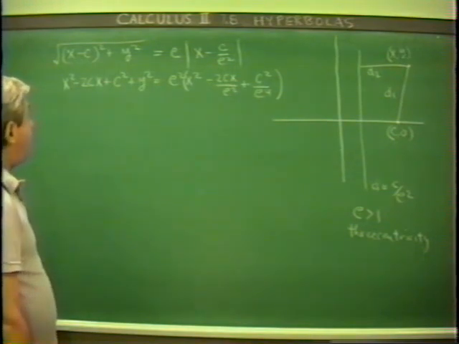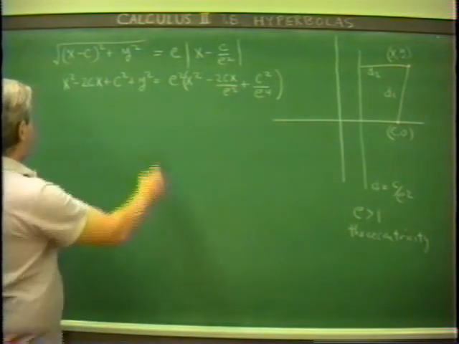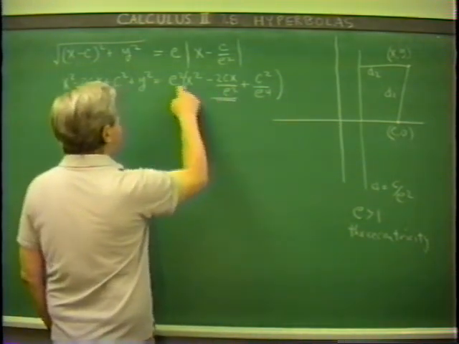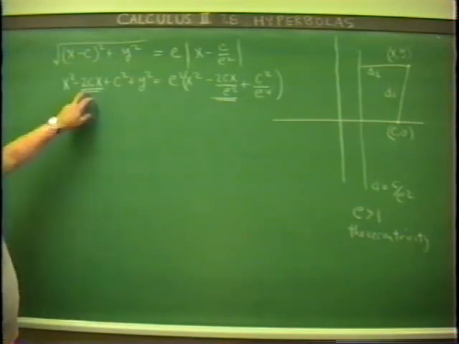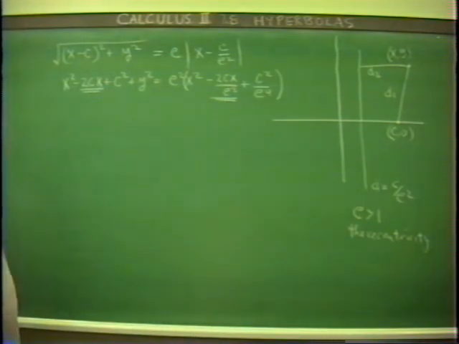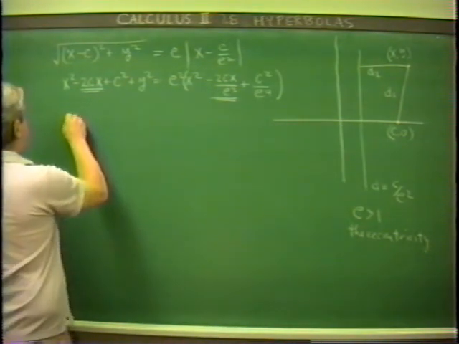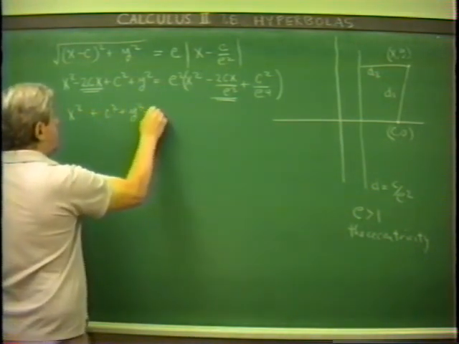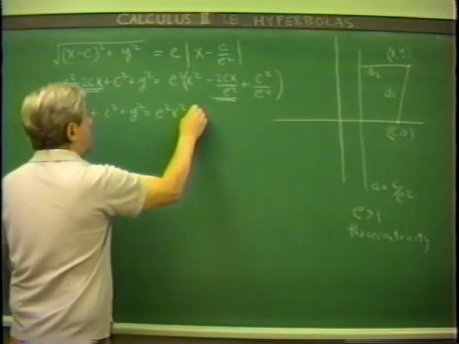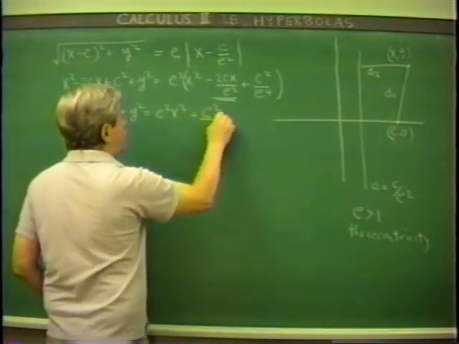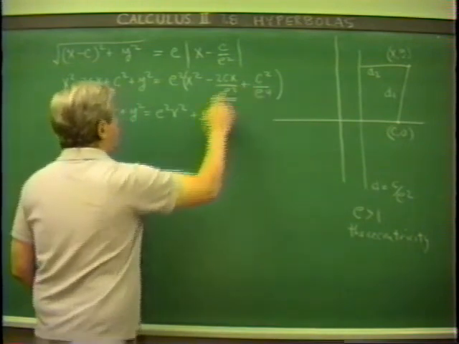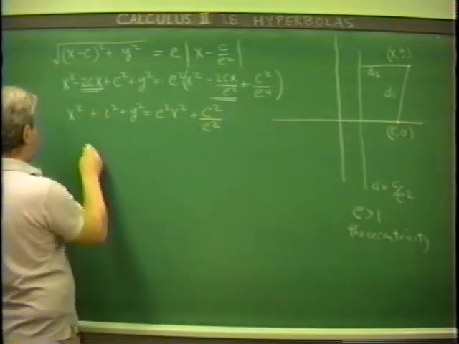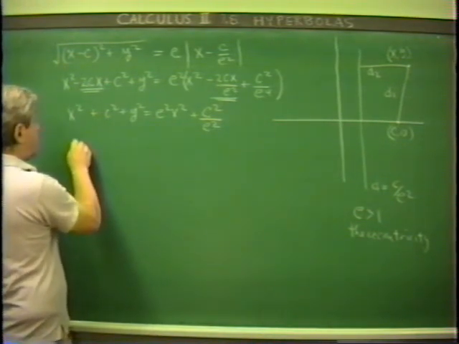So like so. Now what happens here? When we multiply this out, we're going to have minus 2cx on this side, and this is going to multiply with e squared to get minus 2cx. So we can remove both of these terms from both sides, and we end up with x squared plus c squared plus y squared is equal to e squared x squared plus c squared over e to the fourth times e squared.